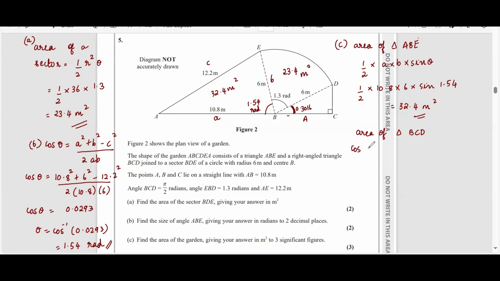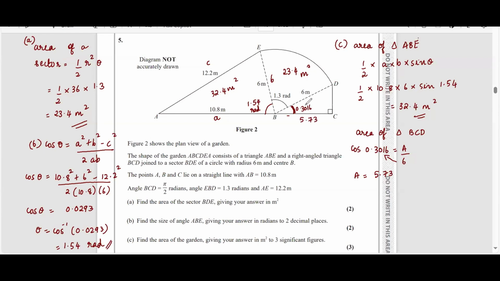So cos 0.3016 equals adjacent over hypotenuse, which is 6. Cross multiply to get the value of a: 6 multiplied by cos 0.3016 gives me 5.73. So 5.73 is my adjacent.